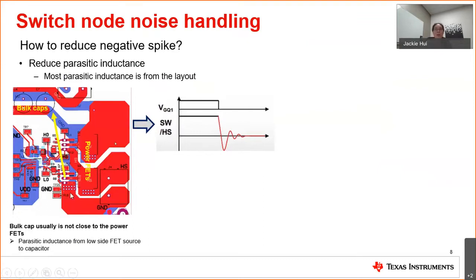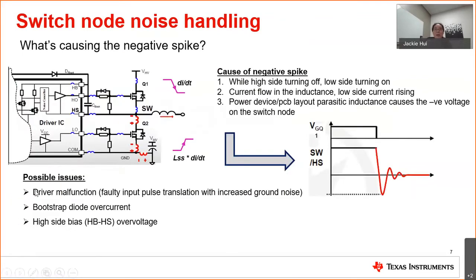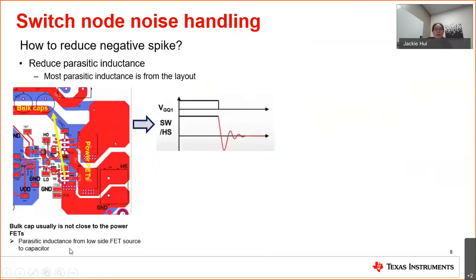What that means is it will increase the parasitic inductance between the low side MOSFET source pin and the buck cap connection, which is the inductance here. With the increase of inductance, of course, the negative spikes get worse.